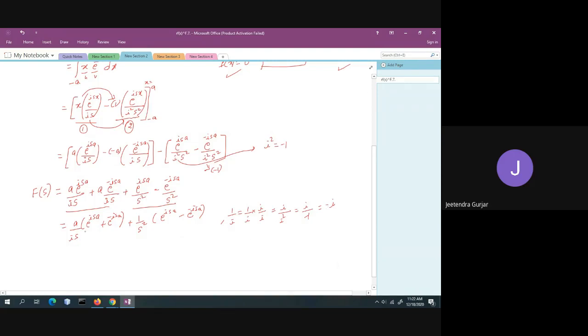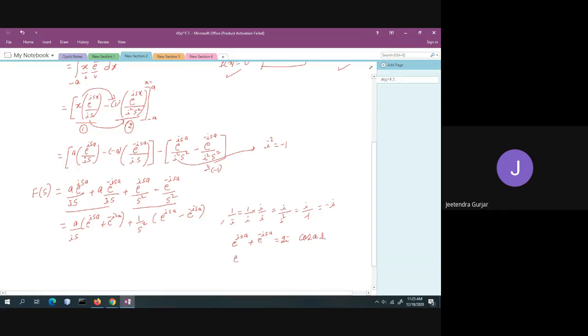Another value, please remember this: e raised to i s a plus e raised to minus i s a can be written as, can anybody tell me what values I can substitute here, students? Yes, it is 2 cos as.